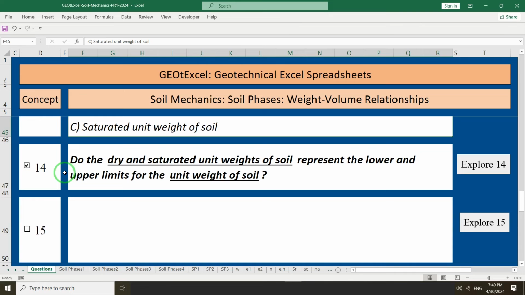Concept 14. Do the dry and saturated unit weights of soil represent the lower and upper limits for the unit weight of soil? Explore 14.